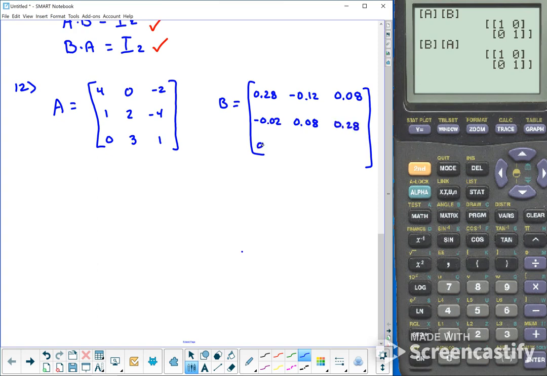And the last one, 0.06, negative 0.24, 0.16.